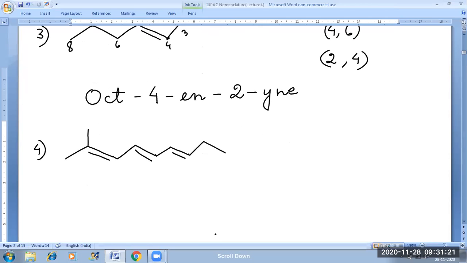Fourth one. Positions of double bonds, again we have to identify.